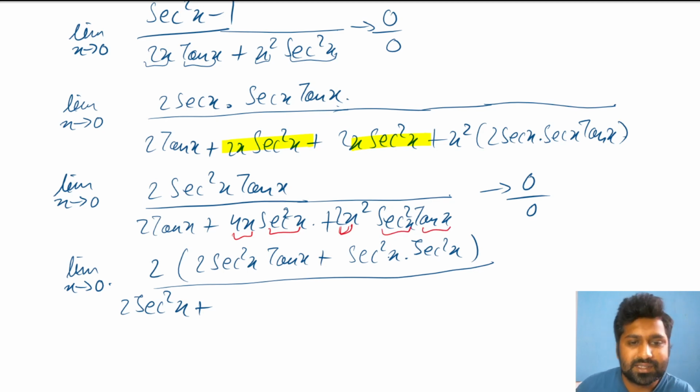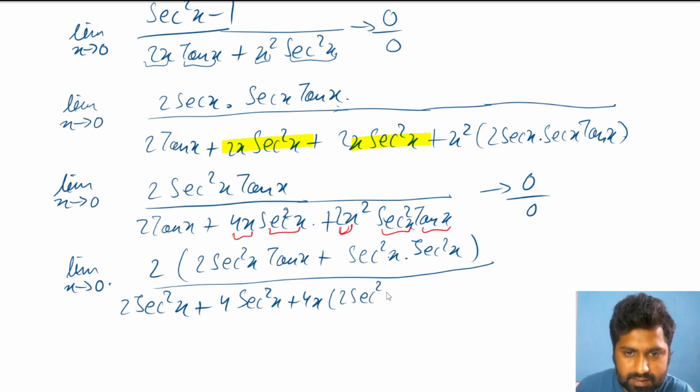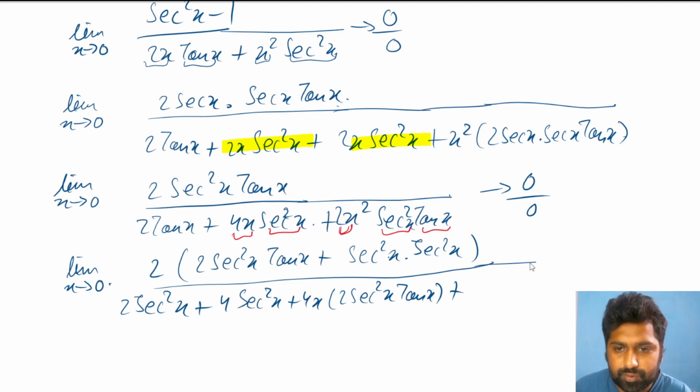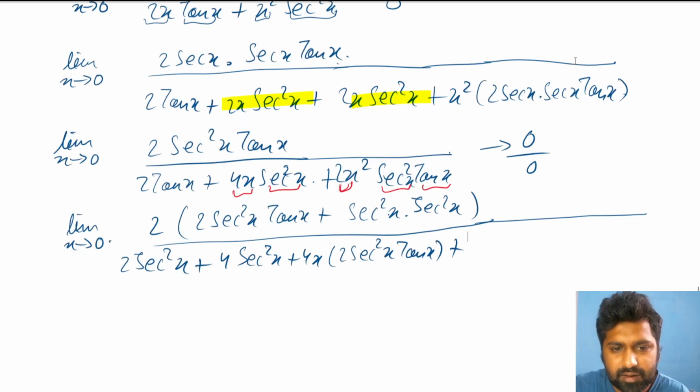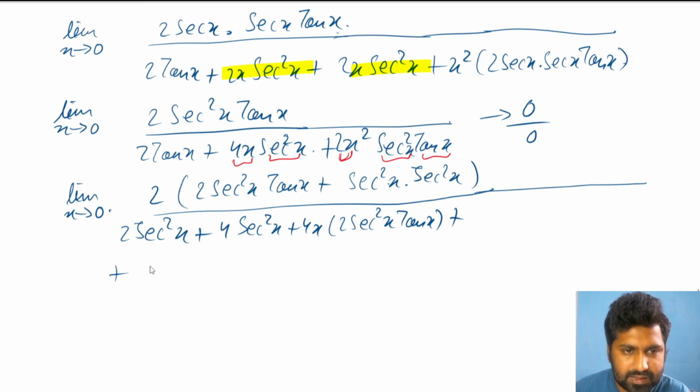My goodness. 4x differentiation is 4 sec square x, then 4x as it is times the sec square differentiation we already know, 2 sec square x tan x, then uvw. I think it will be better if I write the uvw on the next line, plus here.